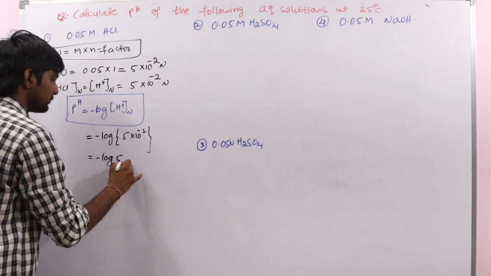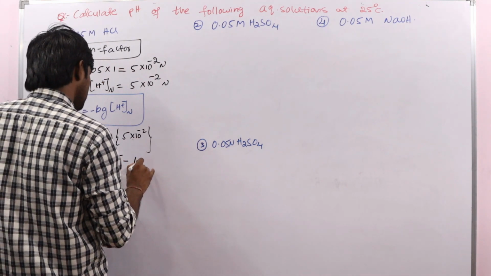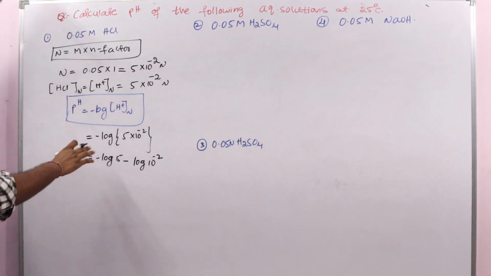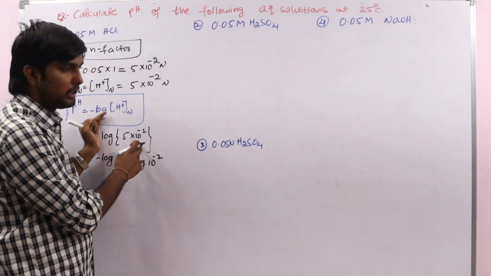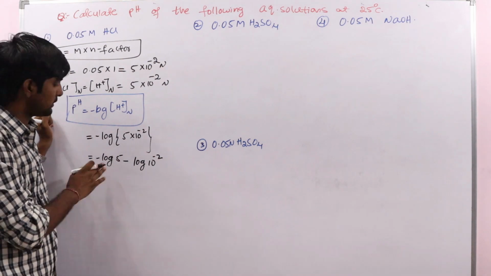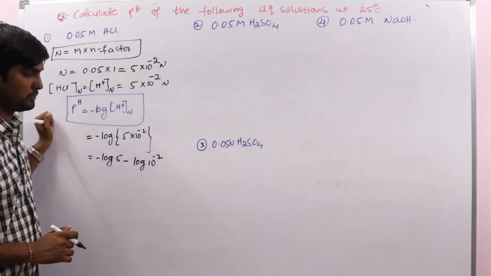So we get minus of log 5 plus log 10 power minus 2. Here we have minus, so if you multiply minus into plus, it is minus: minus log 5 minus log 10 power minus 2.